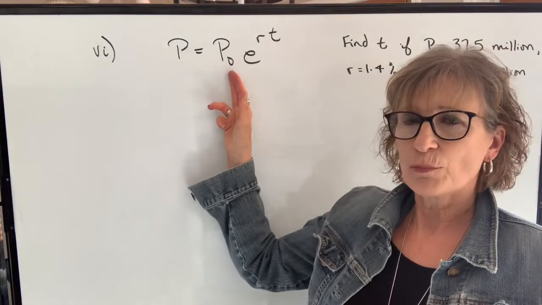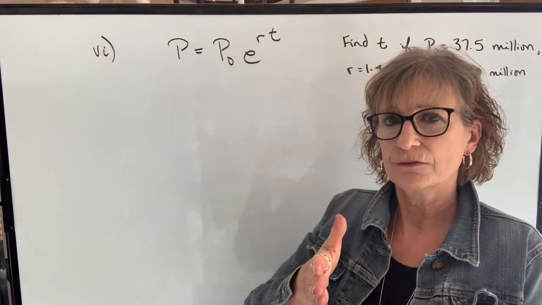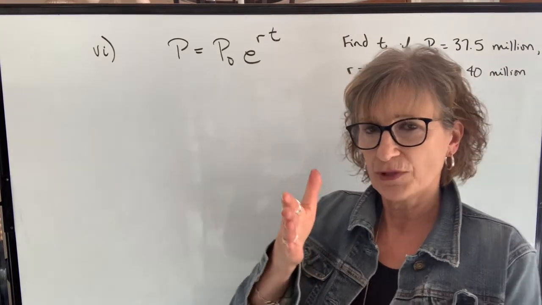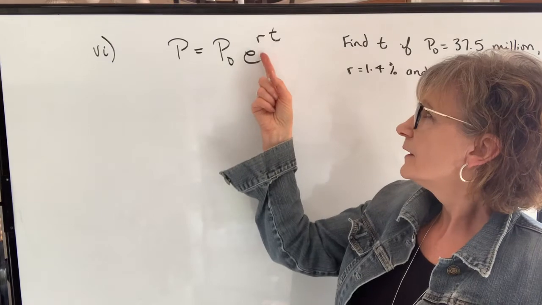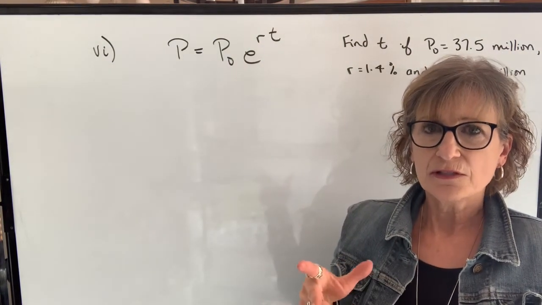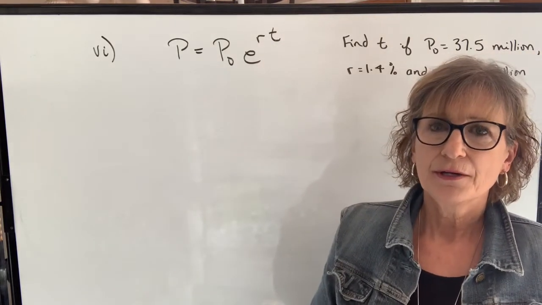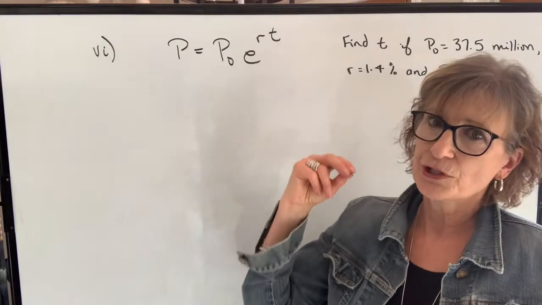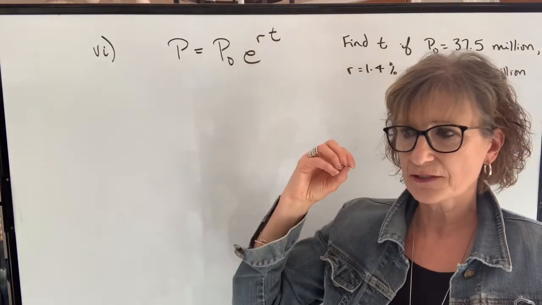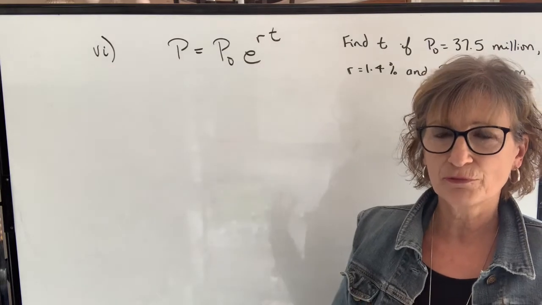P sub 0 represents the population at time 0, so when you start, the initial population. R represents the rate of population growth for that species or country or city. And T represents the time. If the growth rate is per year, then the time would be per year. If the growth rate is per month, then your time is going to be in number of months.